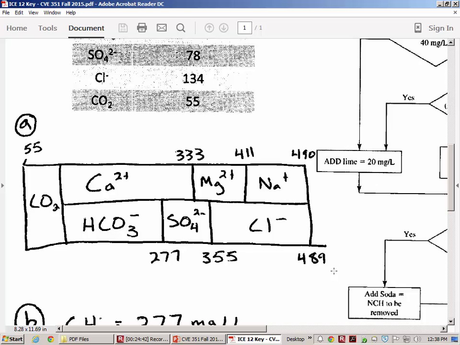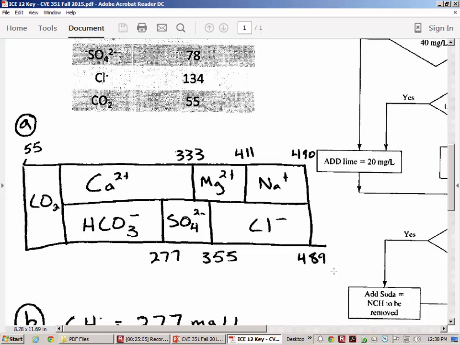And so let me write directly on the whiteboard here just to make it even more clear. Here's what we could say is our hardness. Our total hardness goes from 0 over here to 411.